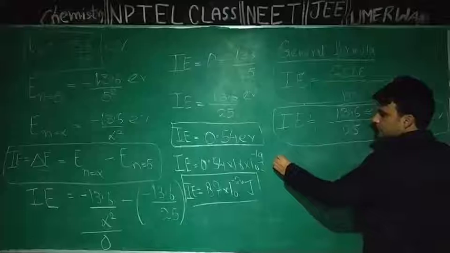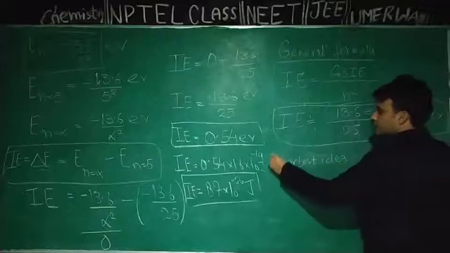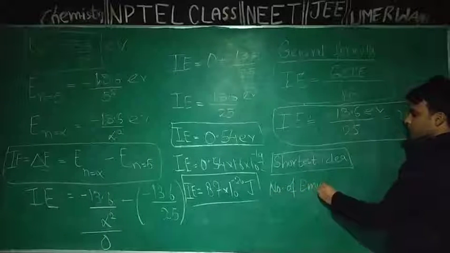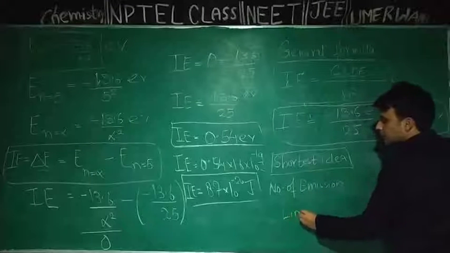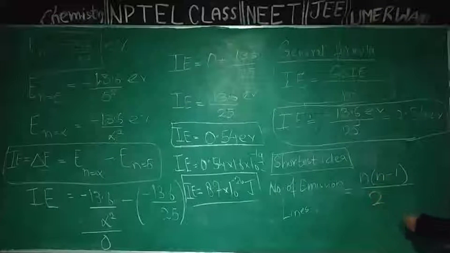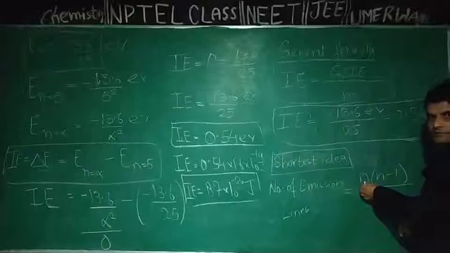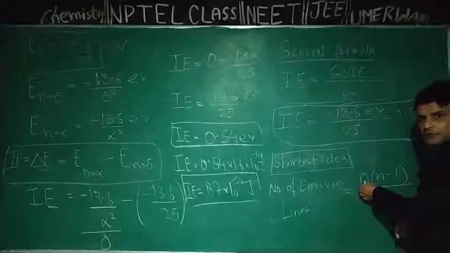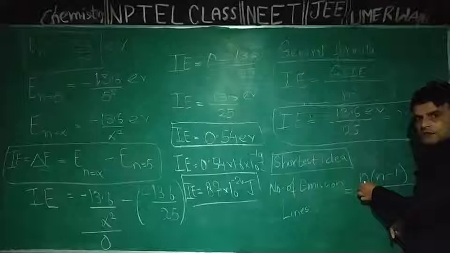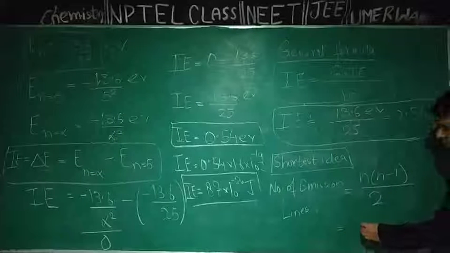I can take the shortest route. I can use this idea in order to save my time, that the number of emission lines is equal to n into n minus 1 divided by 2, where n is the orbit number of the electron in the excited state of the hydrogen atom, and in this problem n is equal to 6, the electron is present in the 6th orbit of the excited hydrogen atom.